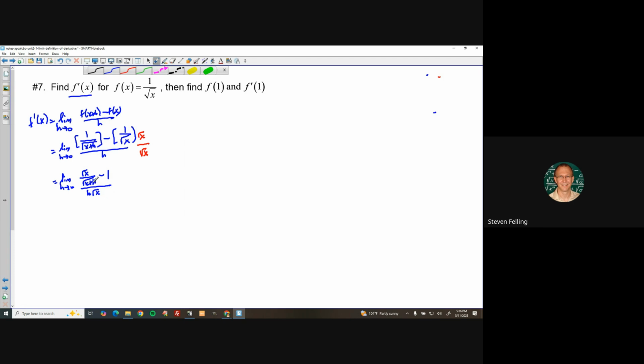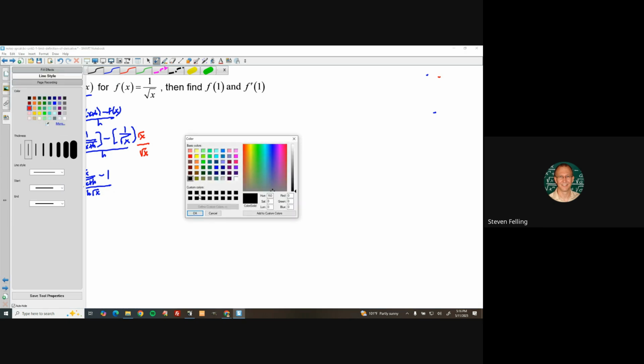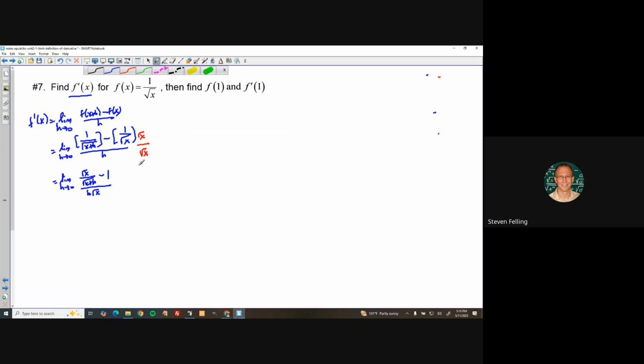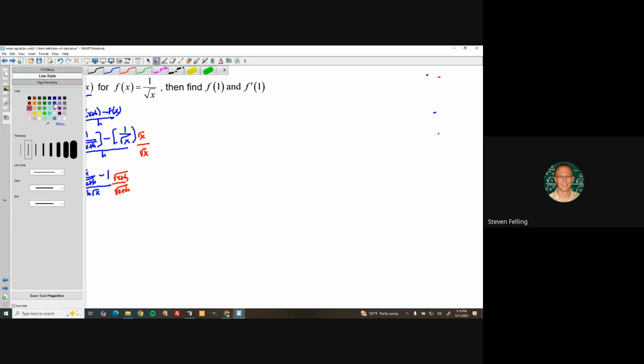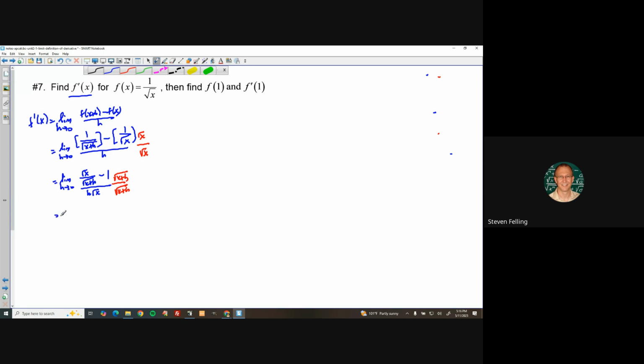To get rid of this last one, I'm going to do the same thing, this time multiplying by the square root of x plus h over the square root of x plus h. Because if we multiply that in, we've got the limit as h approaches 0 of, now when I multiply this in, it's going to cancel this off and give me just the square root of x.